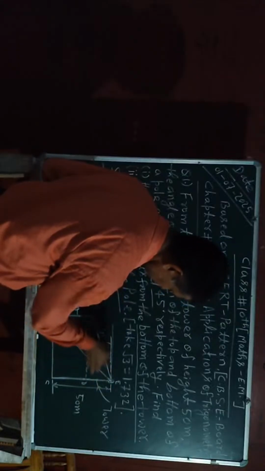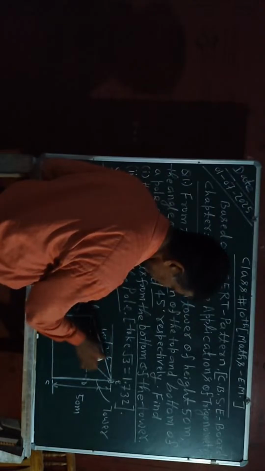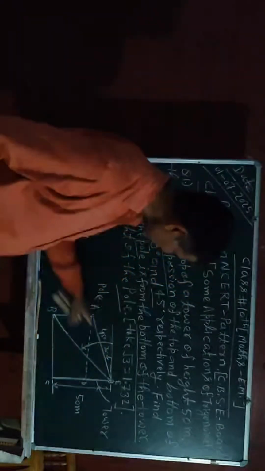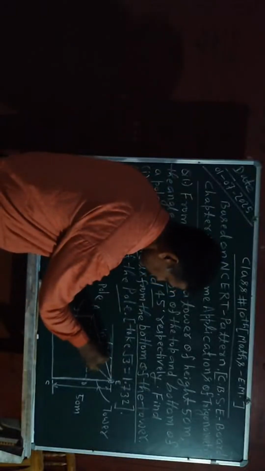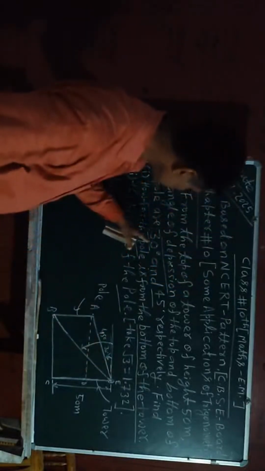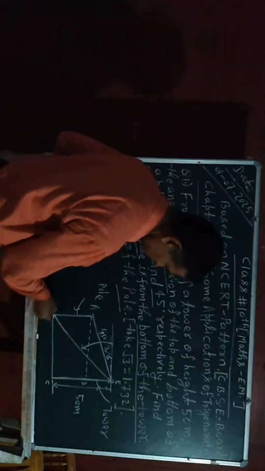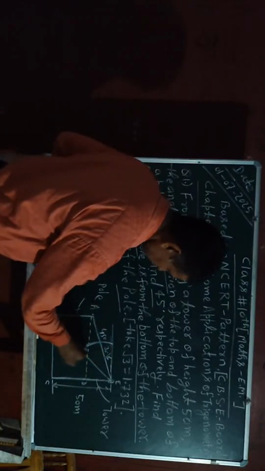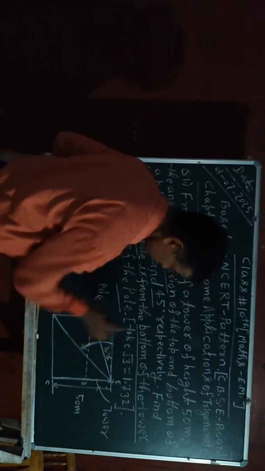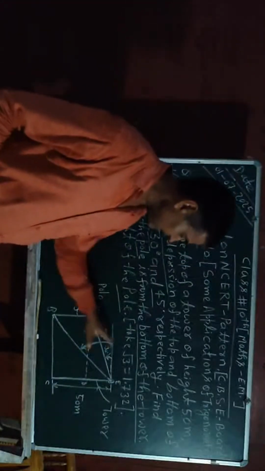So the angle of depression he is giving is 30 degrees. But he is looking from point E to B, and that B is the bottom of the pole. So the angle of depression he is giving is 45 degrees. So here the angles are available.